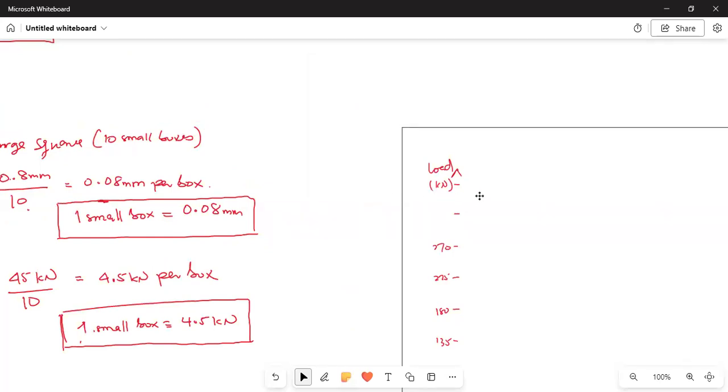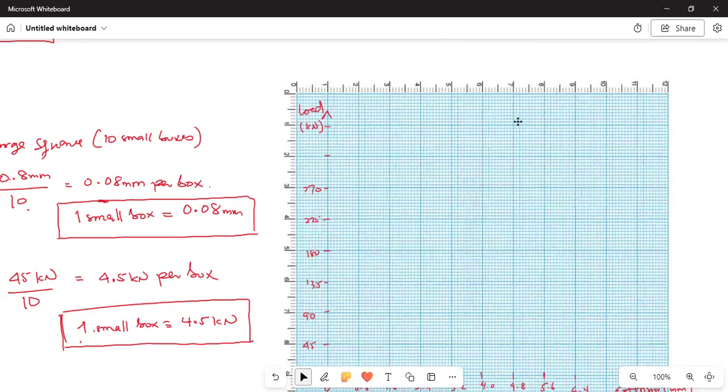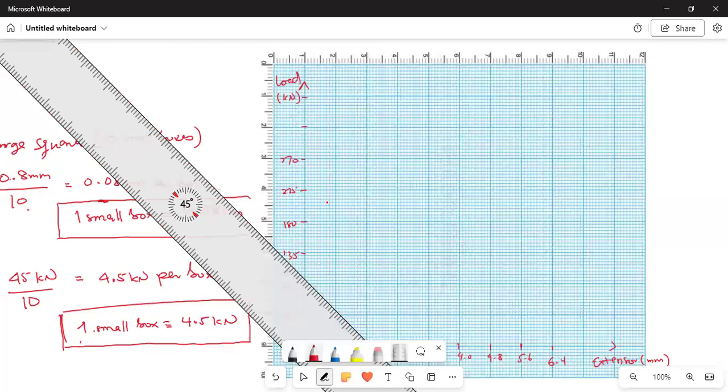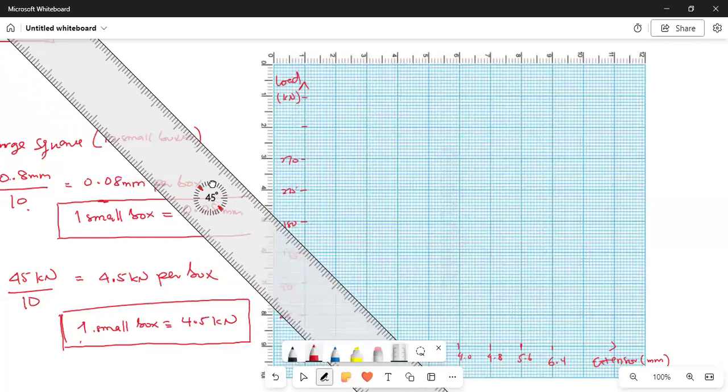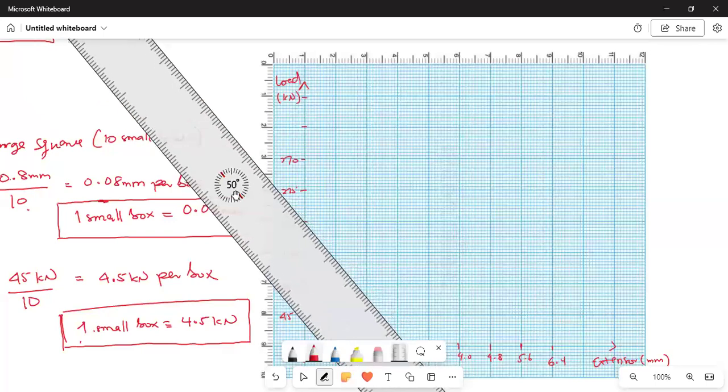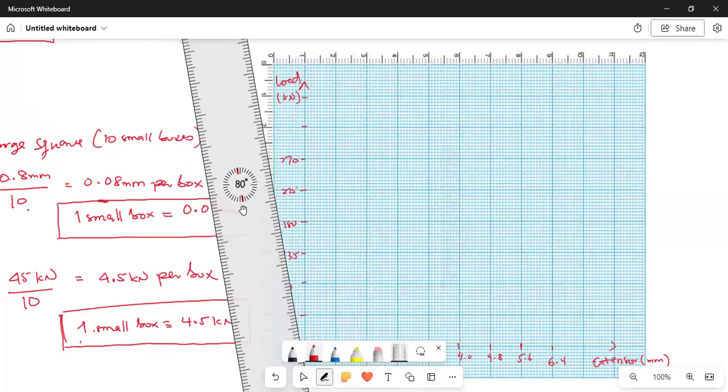So you have to draw your line. I expect you to draw this line. Where is my ruler? I expect you to draw this line.